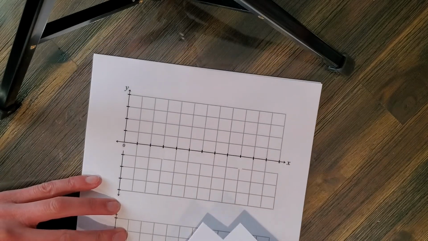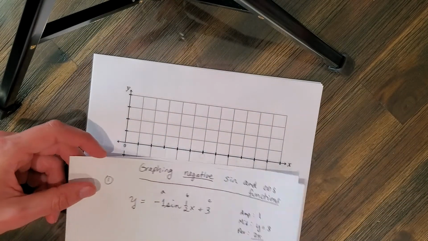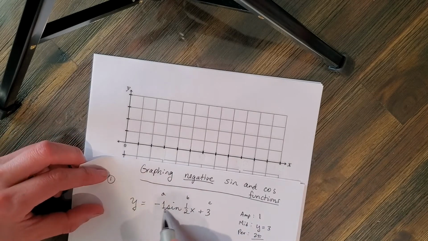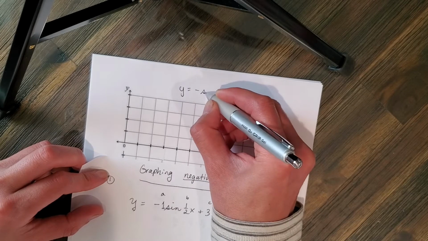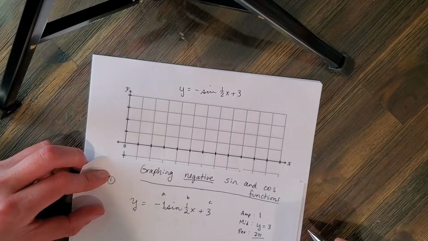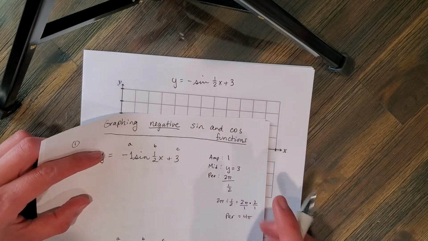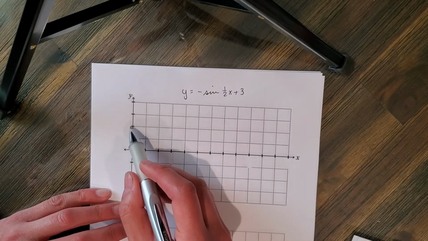Okay, I have some graphs here. Let's go ahead and graph the first one here. Y equals negative sine of 1/2 x plus 3. Okay? So remember, from here, basically we're going to go up 3, but notice 1, 2, 3.